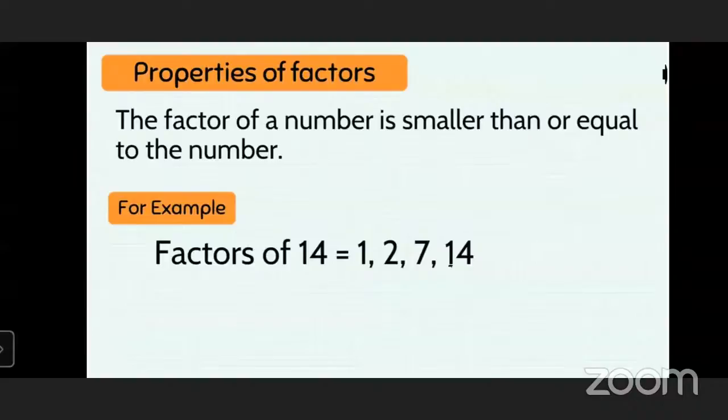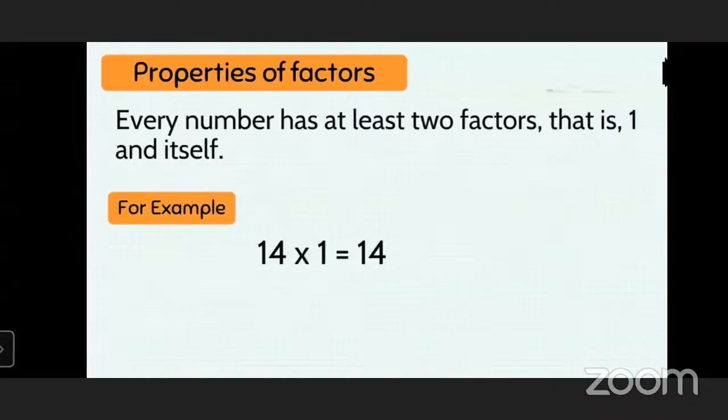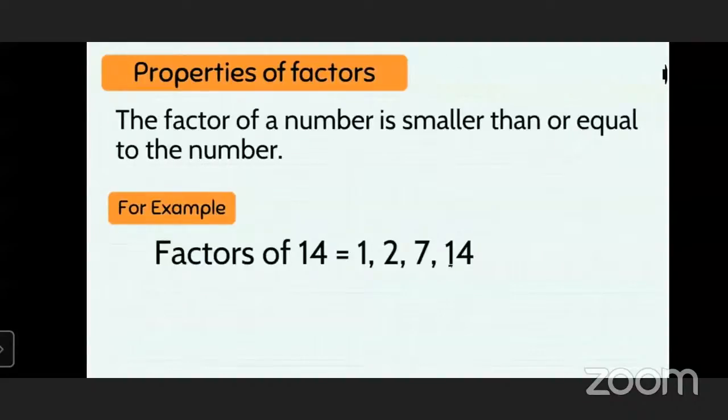If we take the example of 15, it will come in the tables of 1, 3, 5, and 15 itself. Very good. These are the factors of 15.